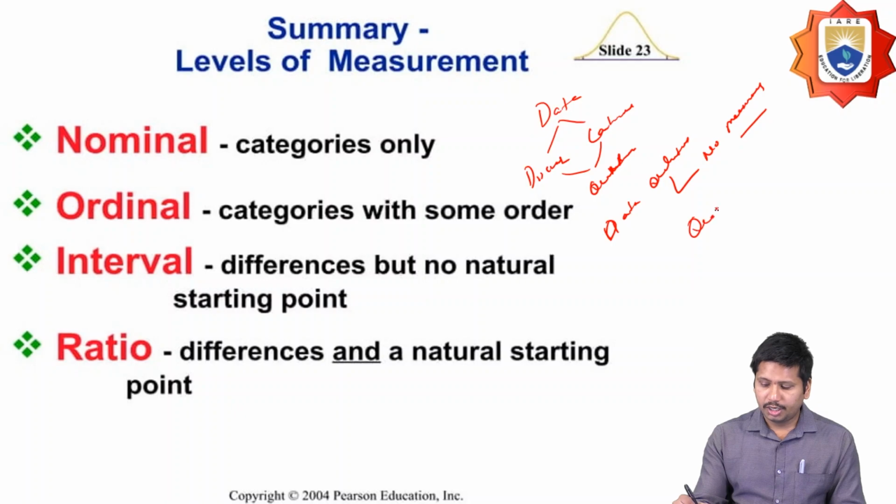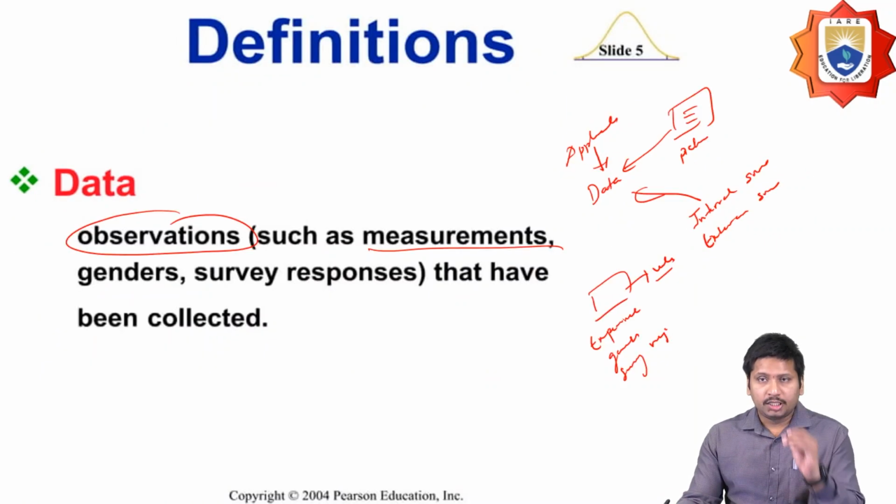This qualitative data is further divided into many types, and quantitative data is also further divided into many types. So these are the things I would like to discuss in this video.